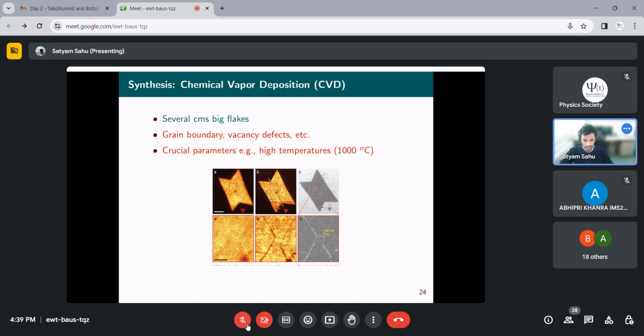And if we look at the panel, we see a lot of boundary-like structures, which are essentially the defects here. When you have defects in the systems, they can completely change the properties. So it's not ideal to use such defective samples for applications.